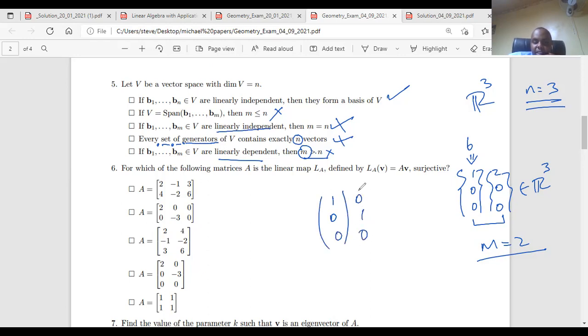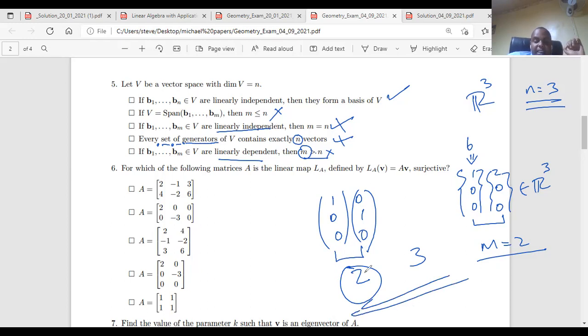These are two vectors, linearly independent. And how many are they? 2, but N is 3. So we have found a case where I picked linearly independent vectors and they were less than N. Again, this could be true, so not always true.